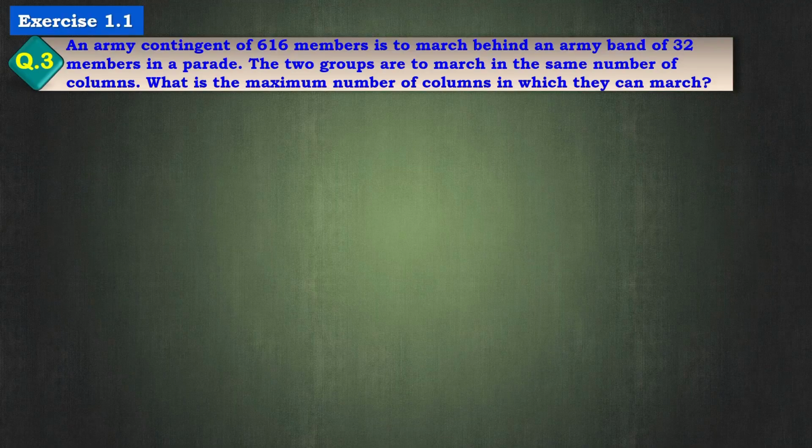Now moving to the next question. An army contingent of 616 members is to march behind an army band of 32 members in a parade. The two groups are to march in the same number of columns. What is the maximum number of columns in which they can march?